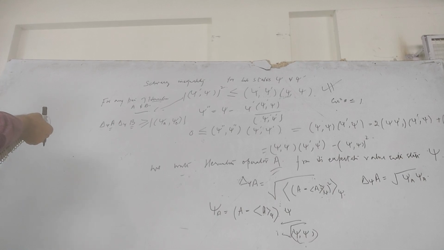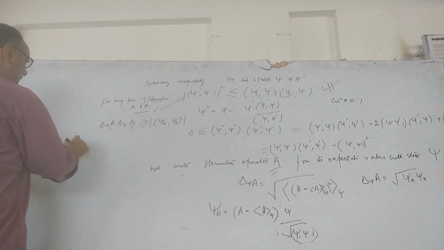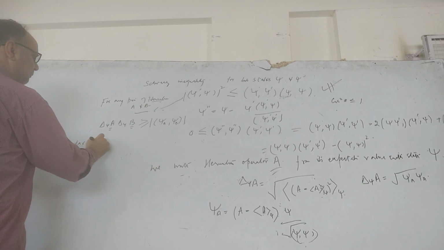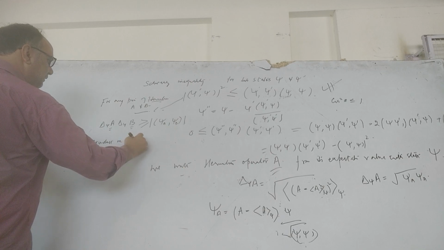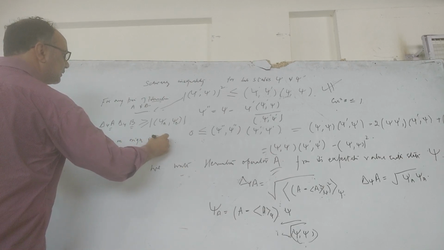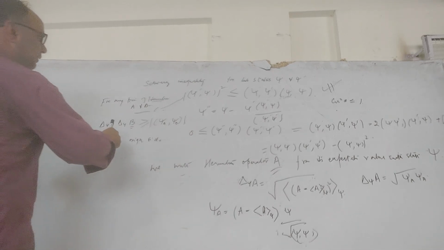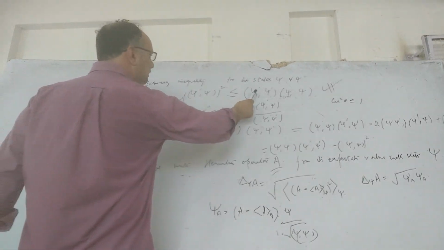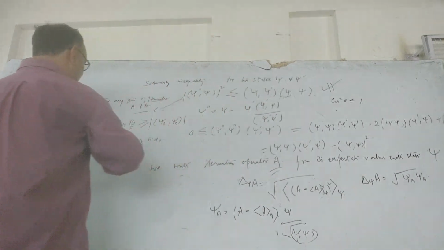So the scalar product on the right hand side, we have flipped it, that's why it's greater.